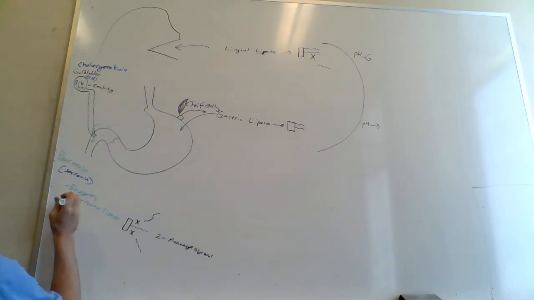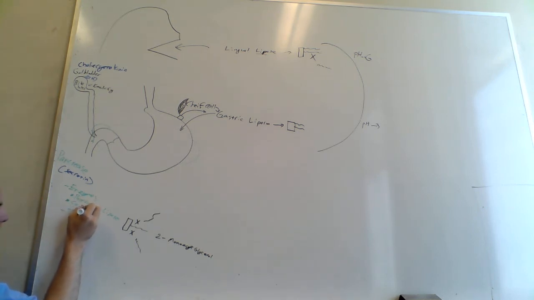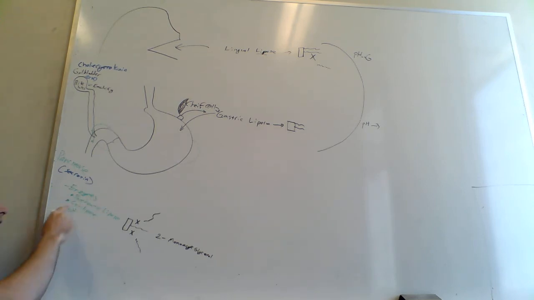Other enzyme type things is right here. For pancreatic lipase to work, we have to have something called co-lipase. Sort of like a cofactor, like it's a helper. It doesn't actually do anything, but it is required for pancreatic lipase to do really well.